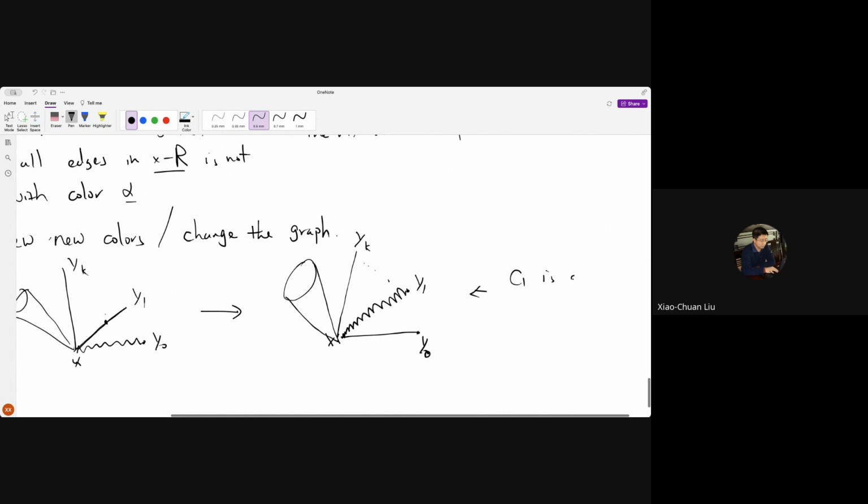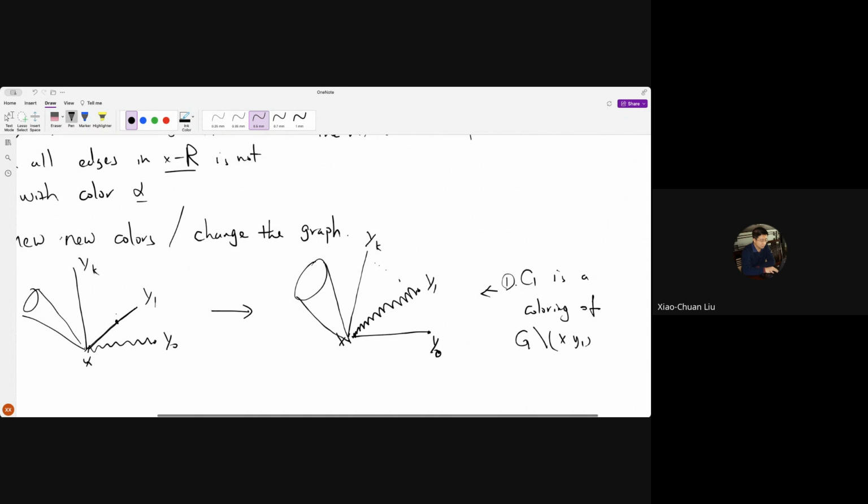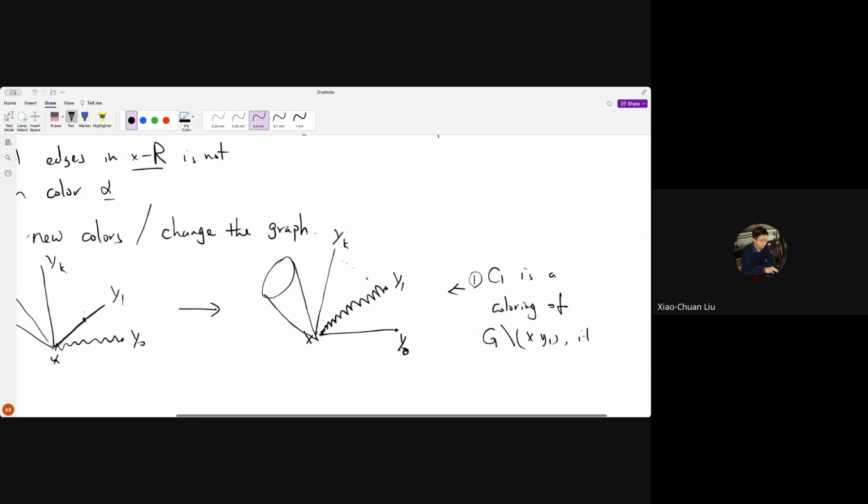So C1 is a coloring of G minus x y1 instead of G minus x y0. So why can I do this and it's proper?